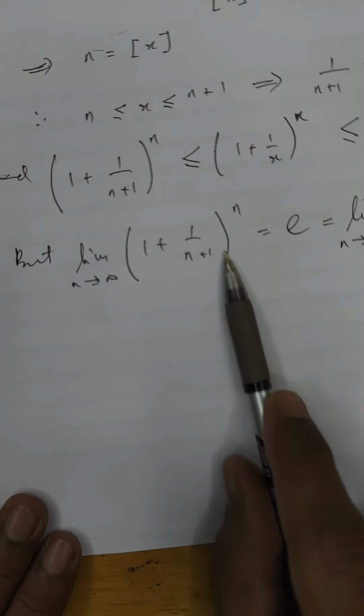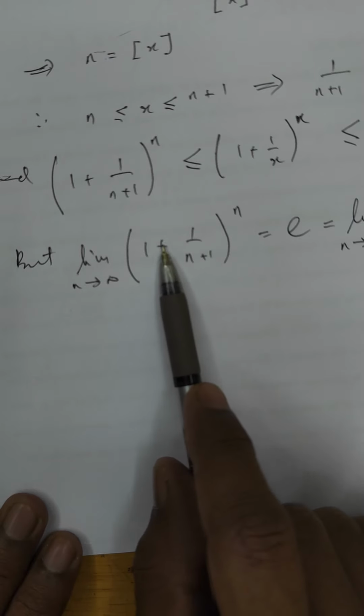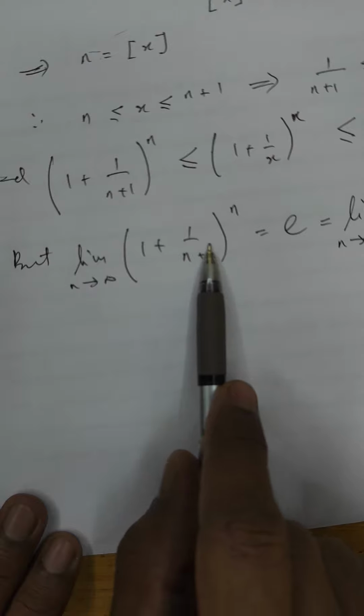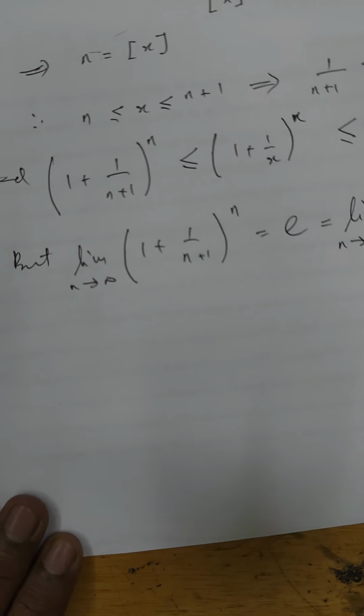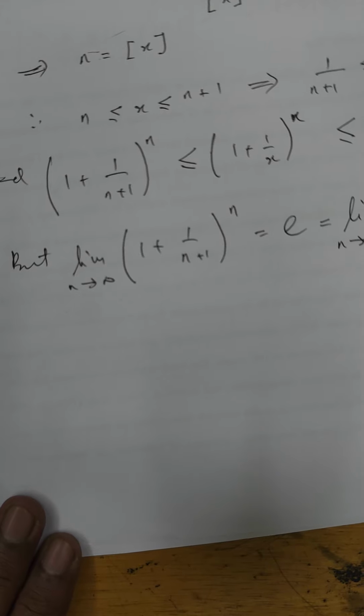Because logically, if 1 plus 1 over n to the n equals e, you just add 1 to the terms, n plus 1, whereas n goes to infinity plus 1. That gives no difference. Alright, so it still gets the same answer.